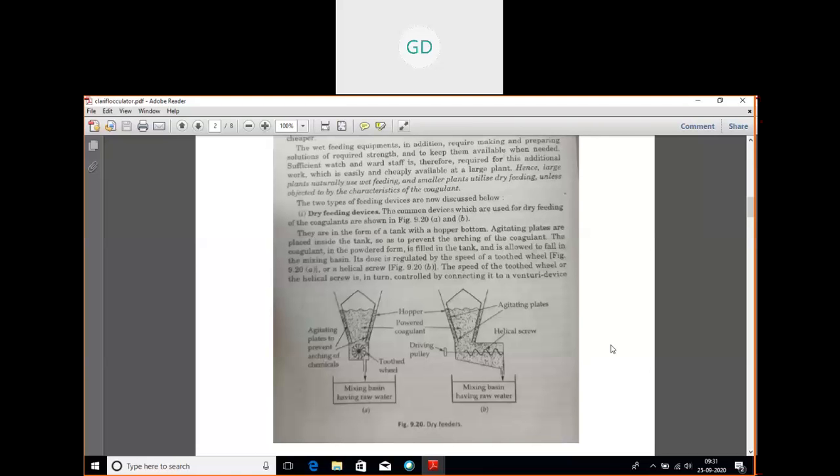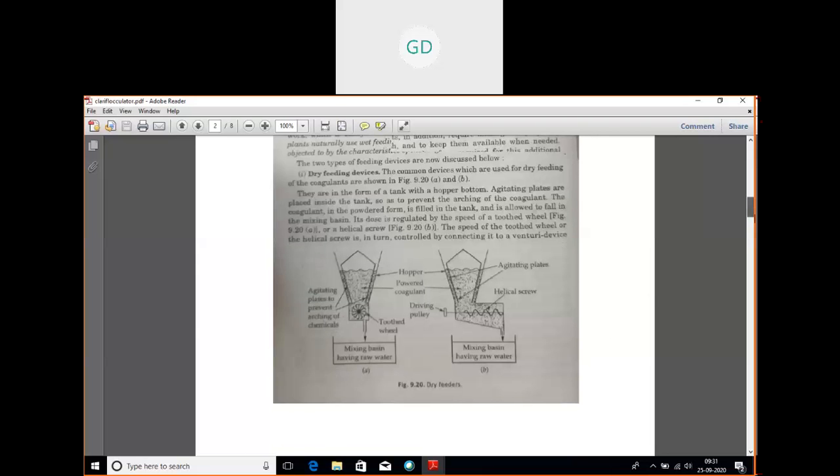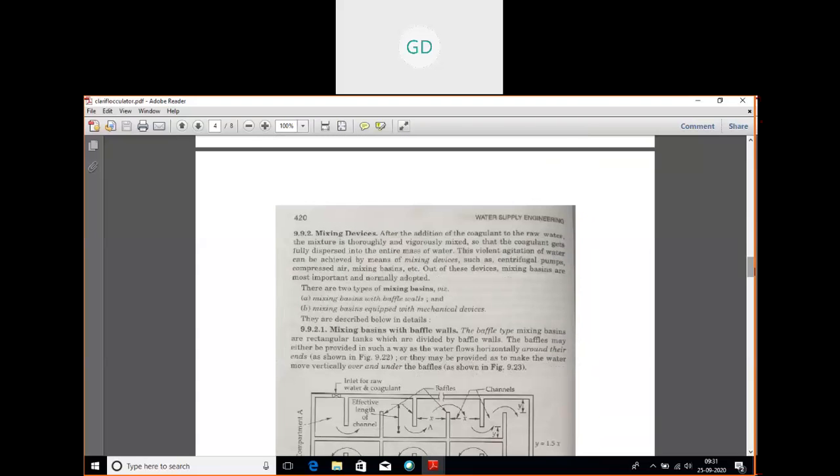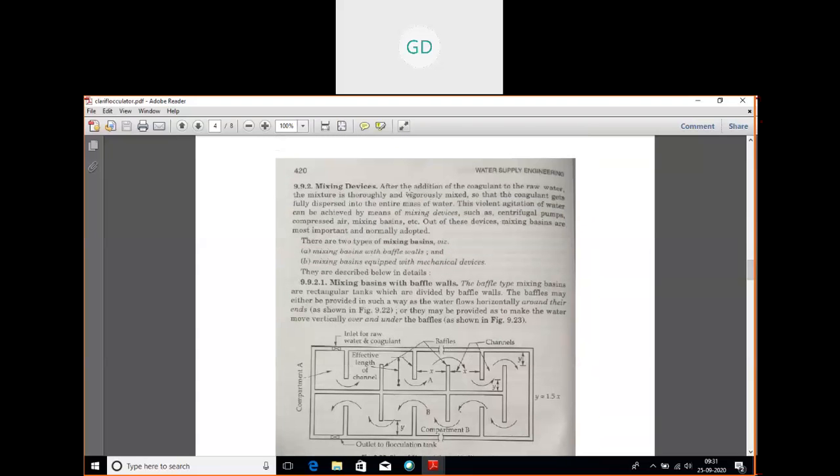After adding the coagulants, either in dry powdered form or in solution form, the water is carried to the next part of this clariflocculator, that is your mixing device. Again there are many types of mixing devices, and out of those, mixing basins are the most important ones.